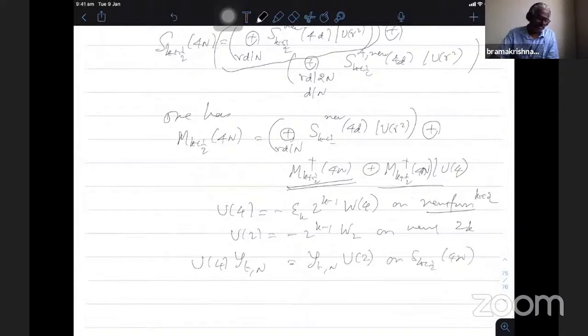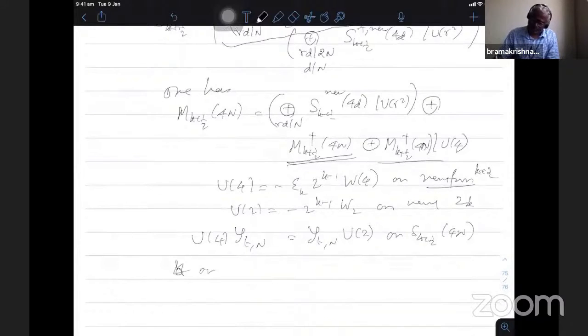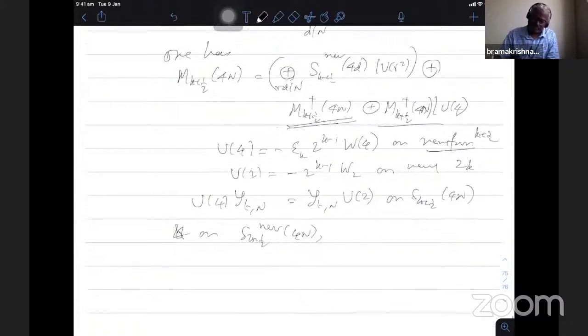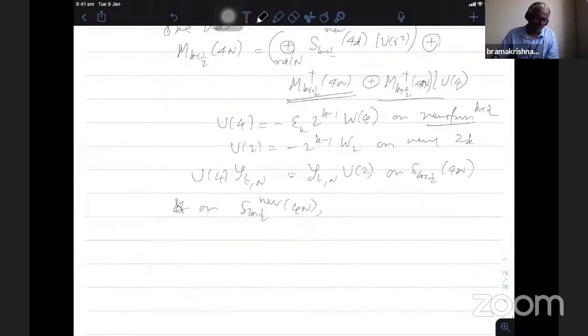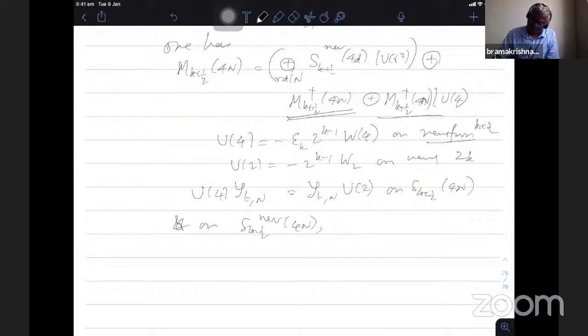These are all the relations which we use. And on S_{k+1/2} new (4n), since u4 is W4 on the new form space, it also commutes with this property: S_{tn} is epsilon_k S_{tn} W2. So this is the half integral weight, this is the integral weight, and because of the difference in the W operator here, this factor will come out.